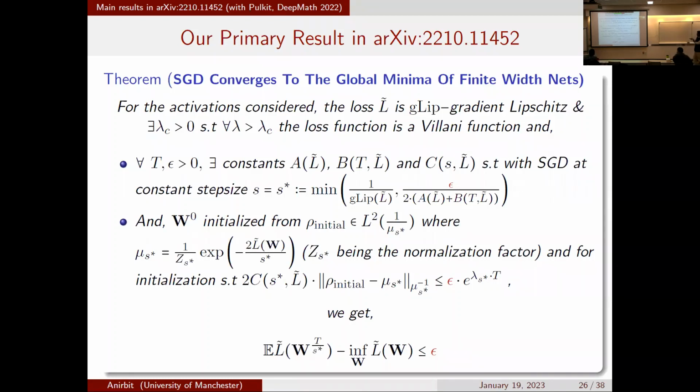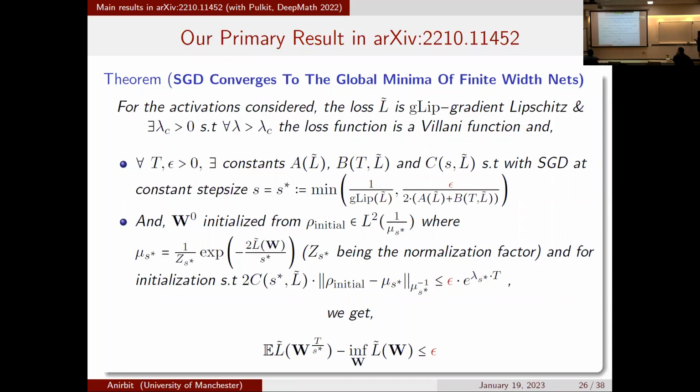Then I have to choose an initialization: you start the algorithm from a density which is L2 in the 1 over mu S star measure, and rho initial has to be close to the Gibbs measure of S star by a certain amount, which depends exponentially on your time horizon parameter capital T. In that case, we can show that the expected loss of the neural net at T by S star minus the infimum is below epsilon.